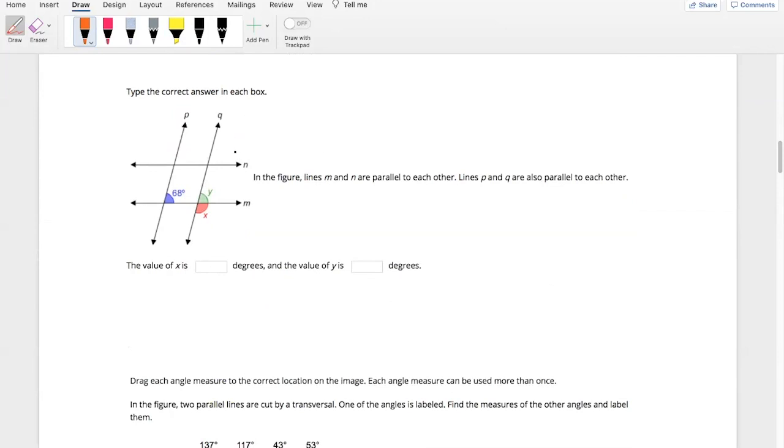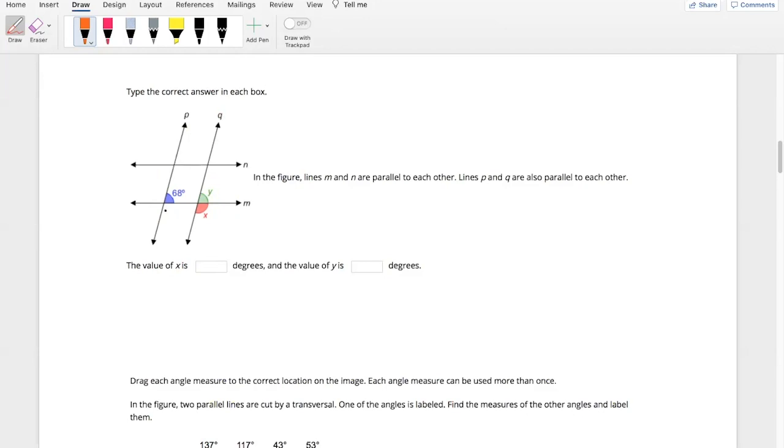All right, next problem. In the figure, lines M and N are parallel to each other. Lines P and Q are also parallel, so both pairs are parallel here. Find the value of X. Okay, well, we can go around. I can, again, figure out all of the angles in this whole diagram, since we do know that they are parallel.